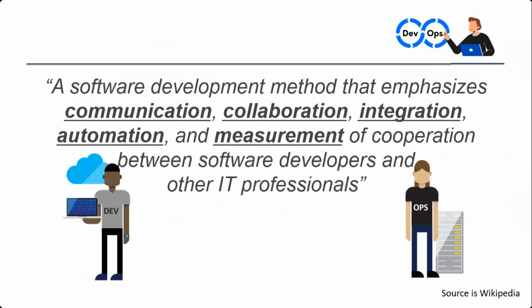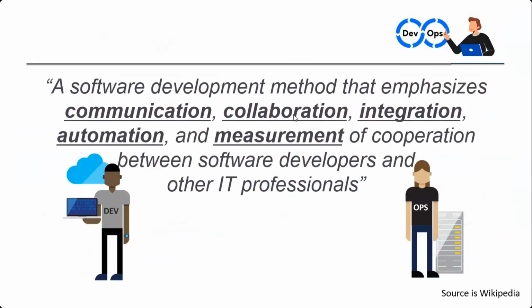Any issues detected are immediately communicated to developers for a quick resolution. And for automation, once the code passes all the tests, it is automatically deployed to a staging environment for further testing. Here the automated scripts ensure that the deployment process is consistent and repeatable.